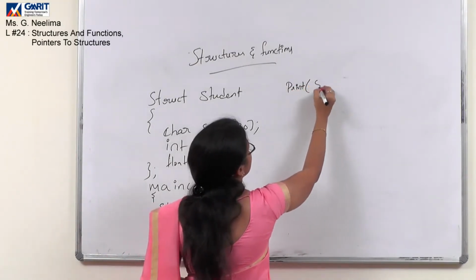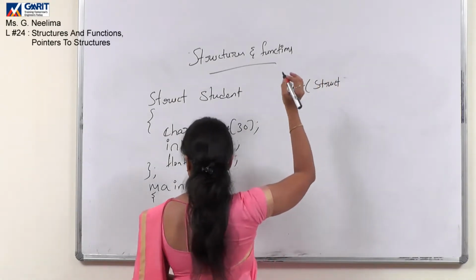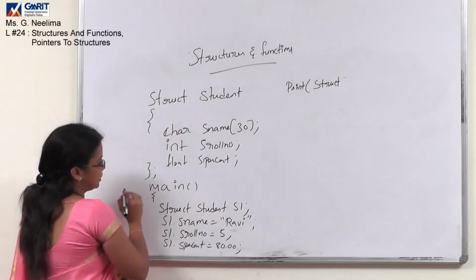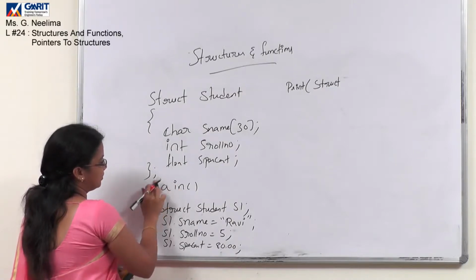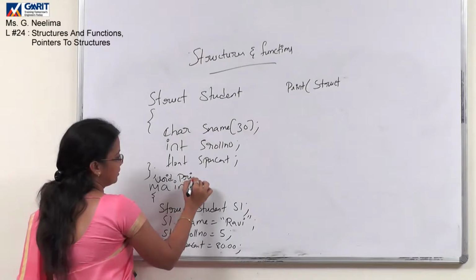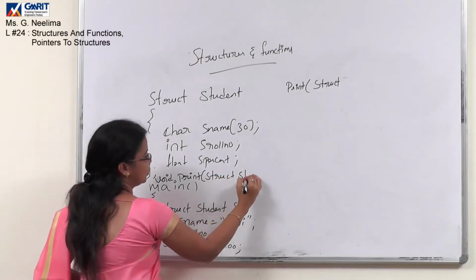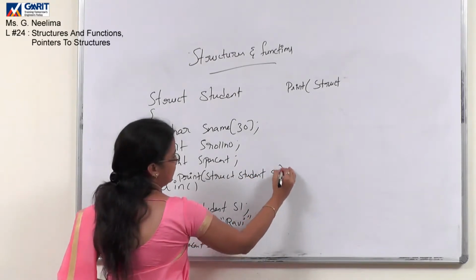Here I am passing struct. Before that we need to create a prototype for this, no? So for that, before the main function I am writing void print struct student s1.